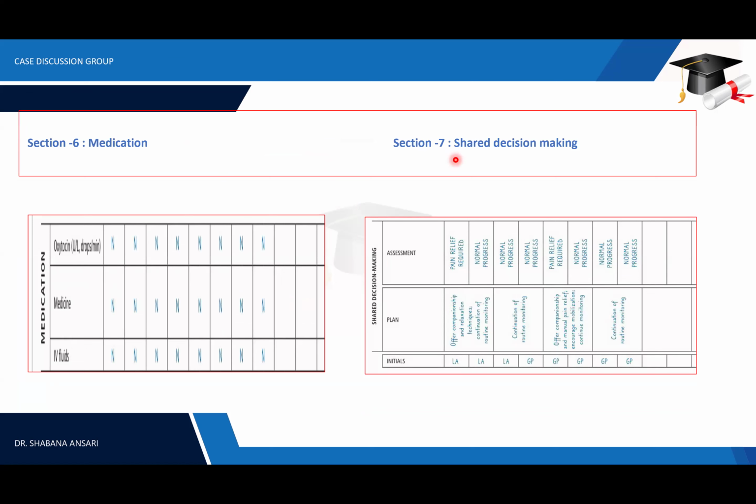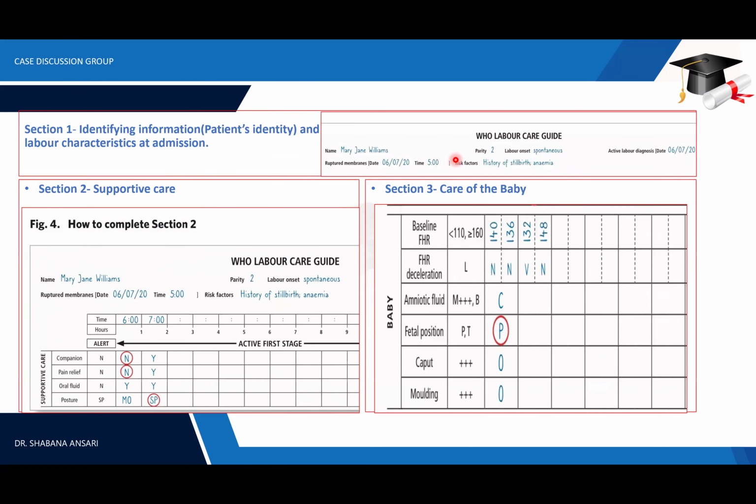Okay, so I will be telling you first what the similarities and dissimilarities are from the partograph. As you can see, some of the topics are still there in the partograph. The patient demographics, the fetal condition, the maternal condition, the medication, and the progression of the labor are all similar things.